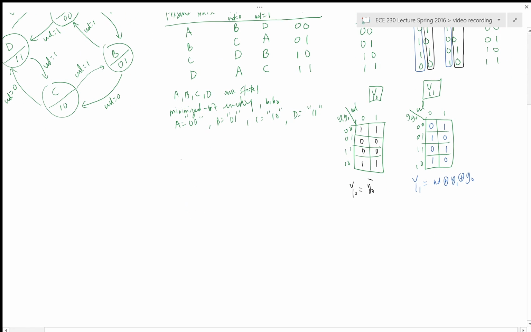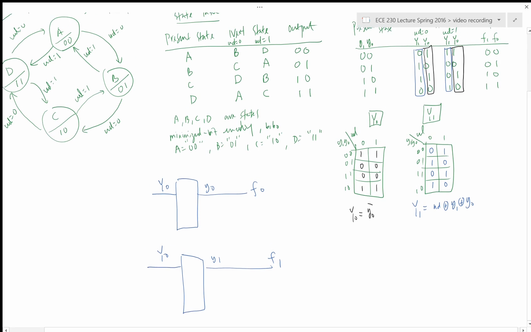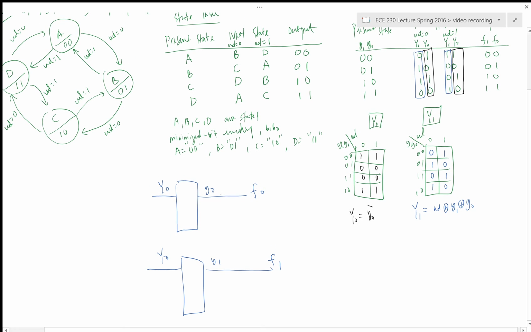So our circuit will actually look like this. This is F0 or cap Y0, and Y1 or F1. Our logic equation tells us that this is equal to that.